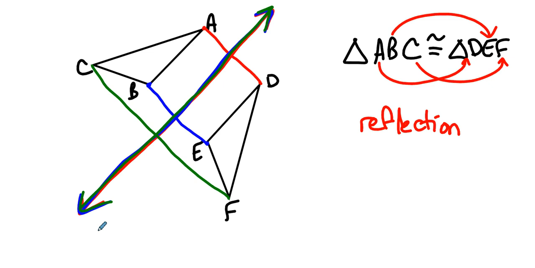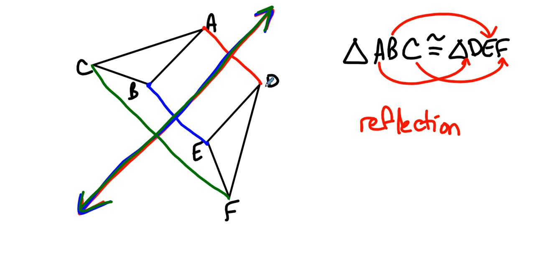Well, think about all the points on a reflection line. All the points on a reflection line are equidistant between the pre-image and the image, right? All the points on the reflection line have to be just as far away from the image points as they are from the pre-image points. Well, that goes for all of the points on the perpendicular bisector of segment AD.